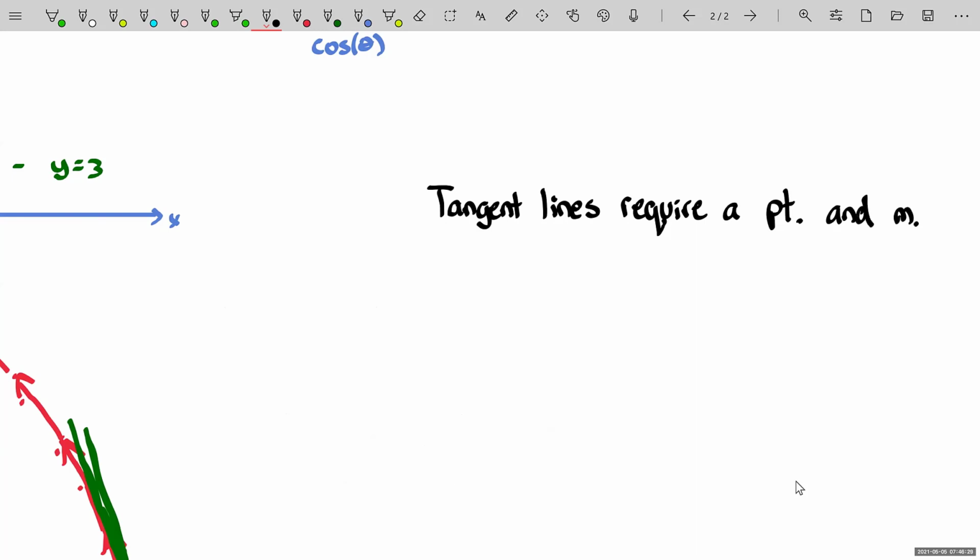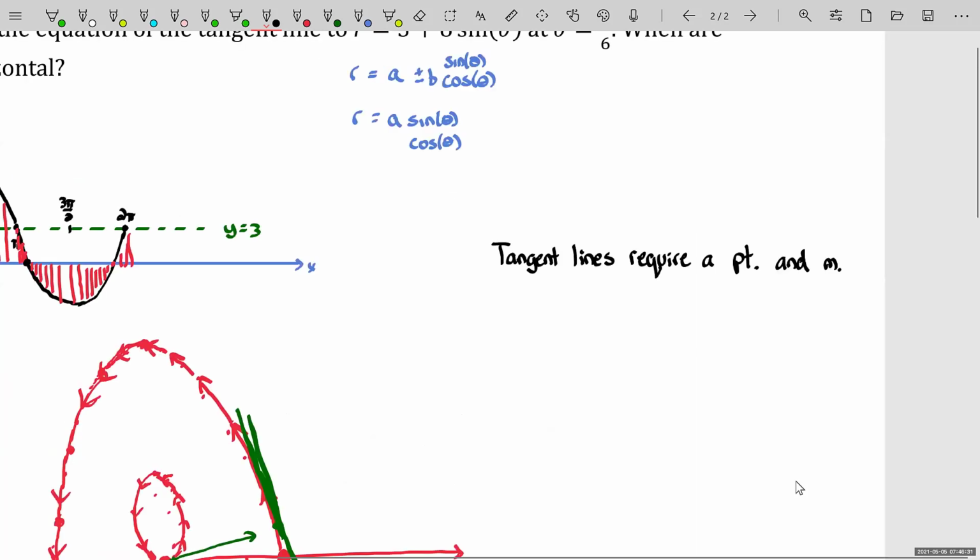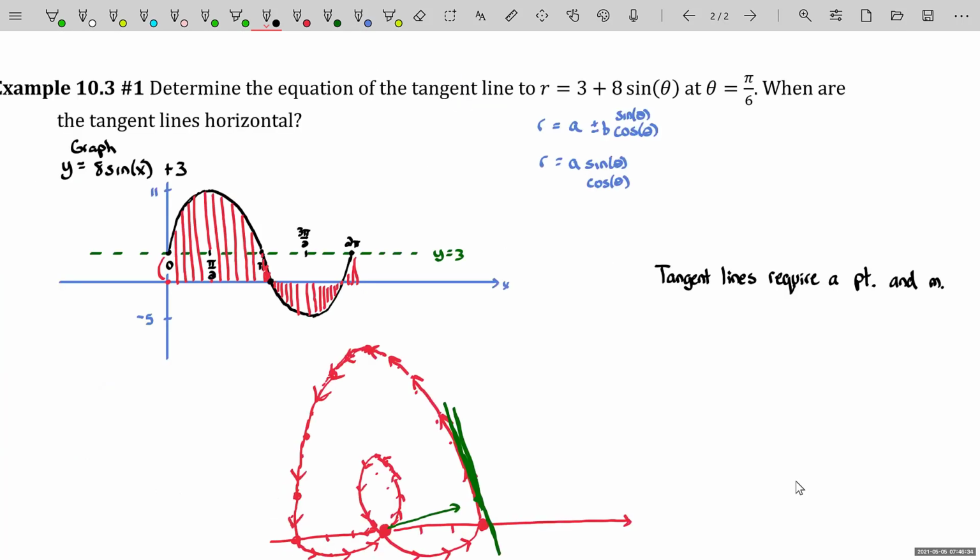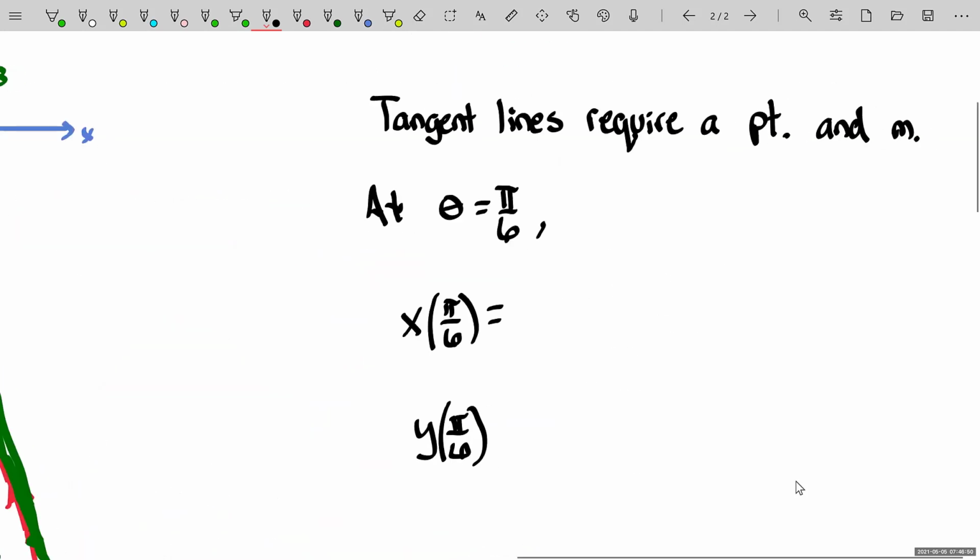Let's go ahead and find the point first, since that's mechanically just algebra. At theta equals pi over 6, x of pi over 6, comma, y of pi over 6. Remember, x is r of theta, cosine of theta.